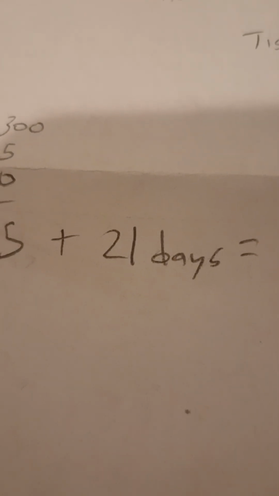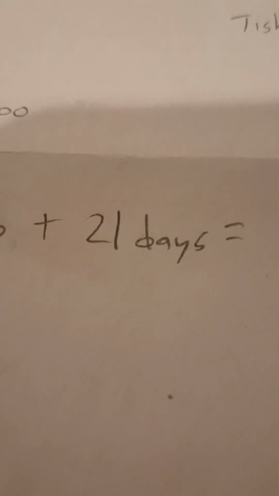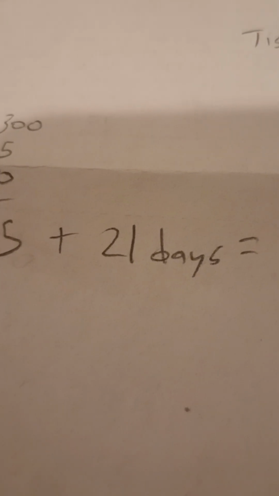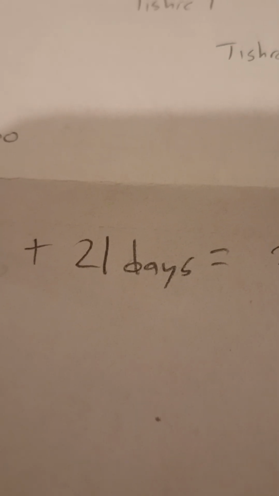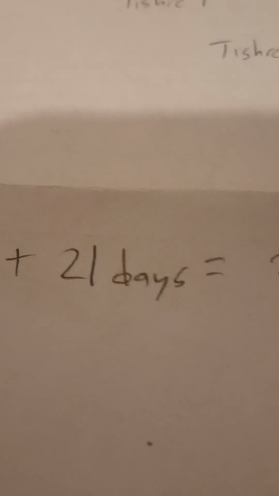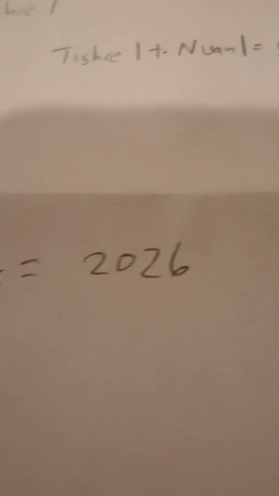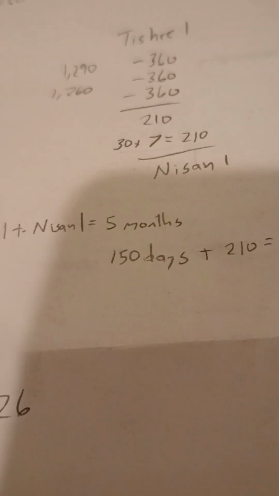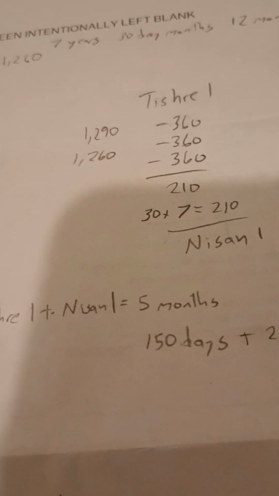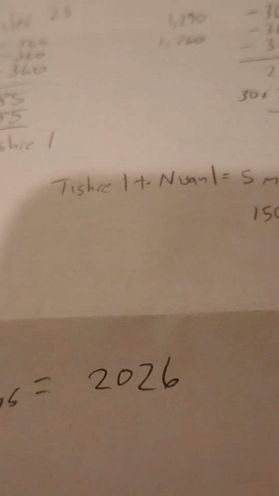If you take the 21 days, I think it's in Daniel 10, where the angel was trying to stop either Gabriel or Michael from going and speaking to Daniel or helping do something. But there was 21 days there. If you take that 2,005 plus 21, it's 2026. So you have all these numbers that line up. 7 years, Tishri 1, Nisan 1, 2026.